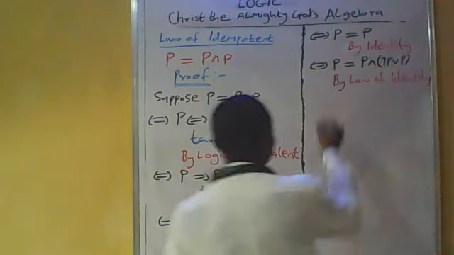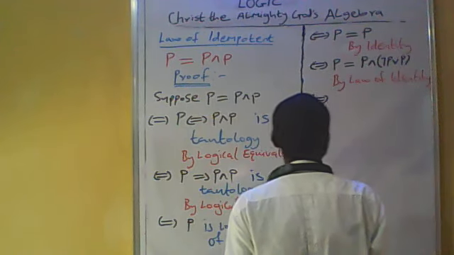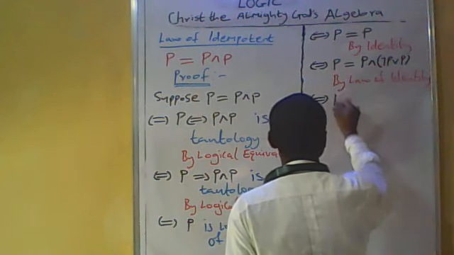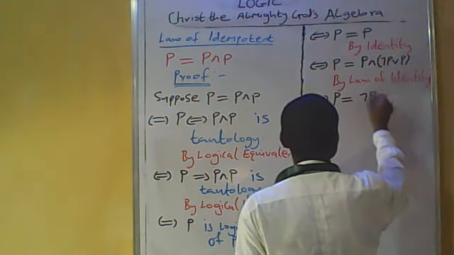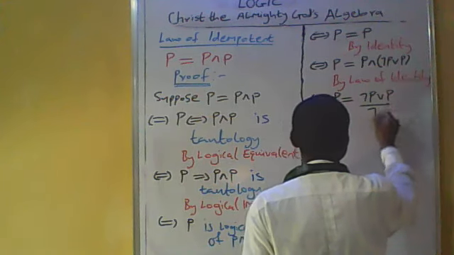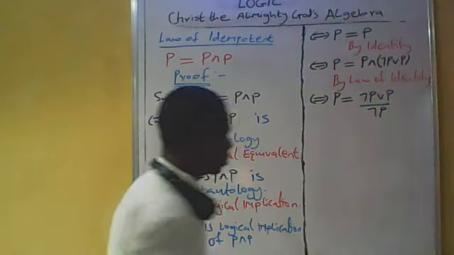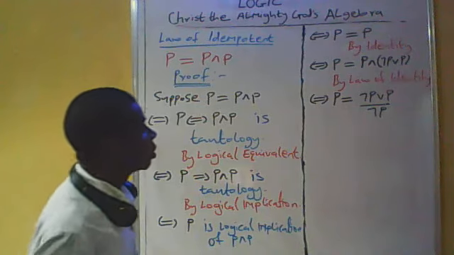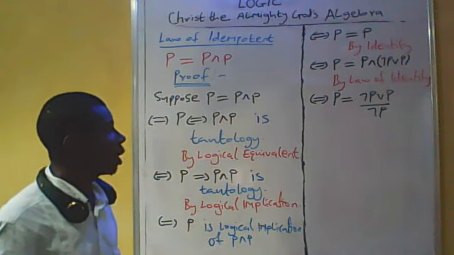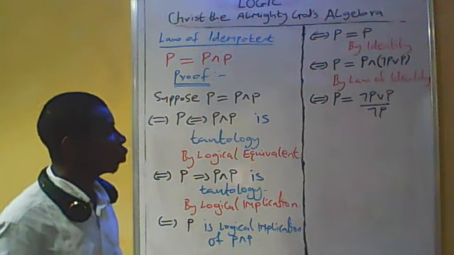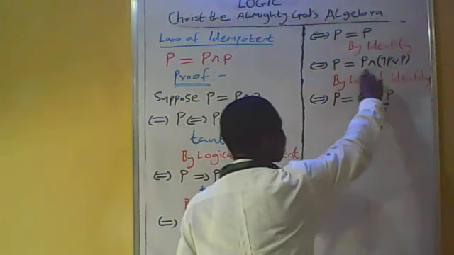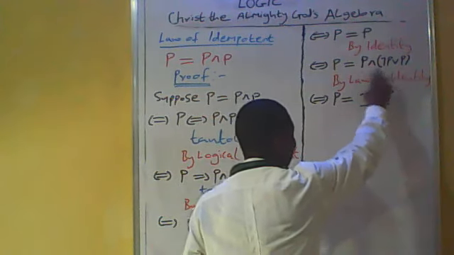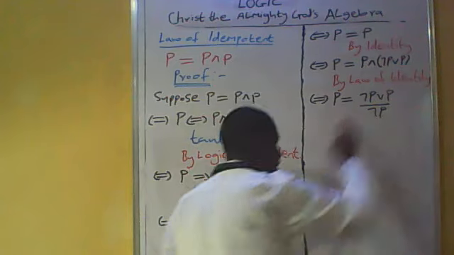If and only if P is equal to not P or P upon not P. We see that P and not P or P is now transformed, the conjunctive statement has now been transformed to a conditional statement.